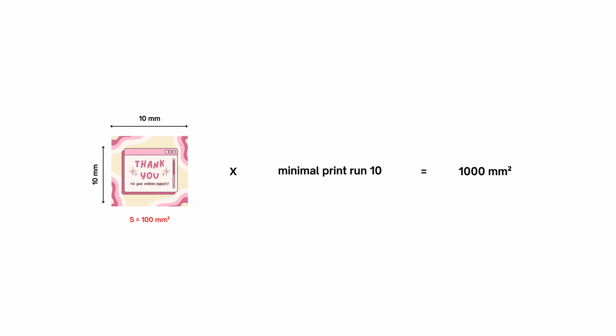This will be multiplied by the minimum print run of 10 units, and as a result, the total area printed for an order with a run of 10 and size 10 by 10 millimeters will be only 1000 square millimeters. In this case, half of the material will end up in the trash.